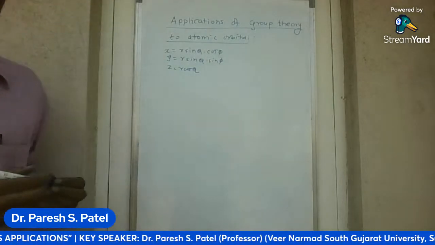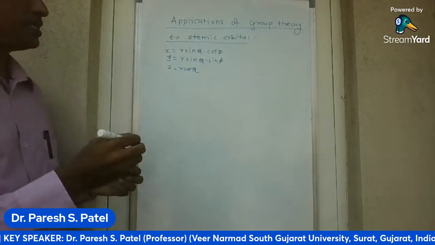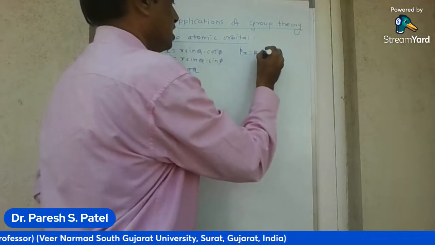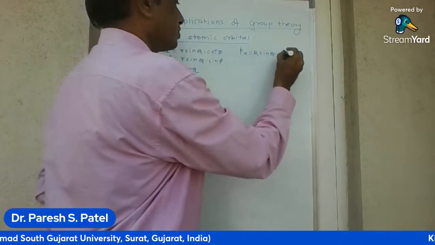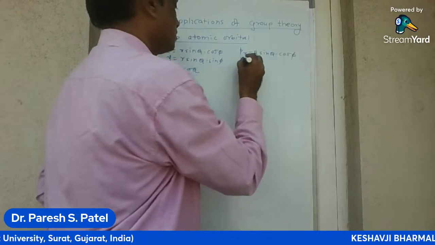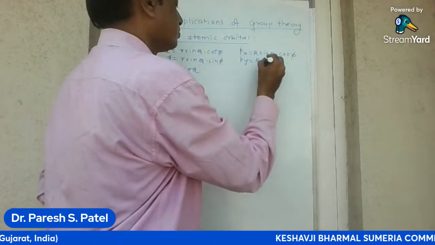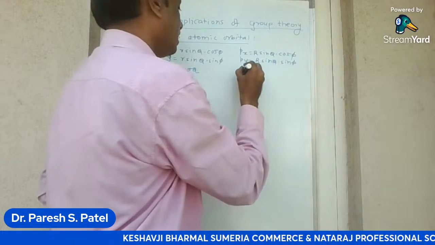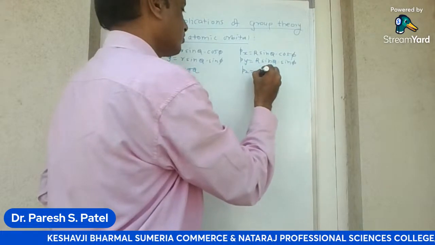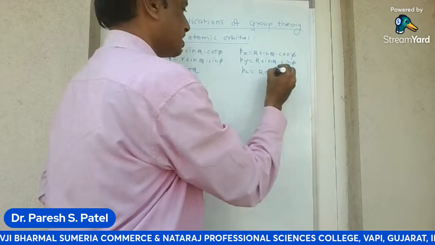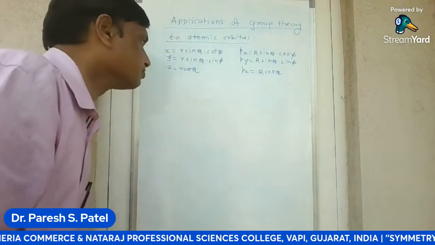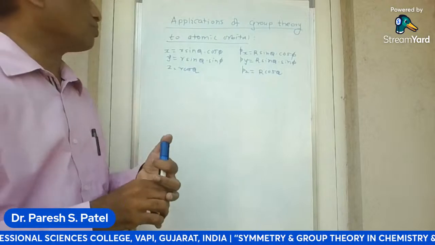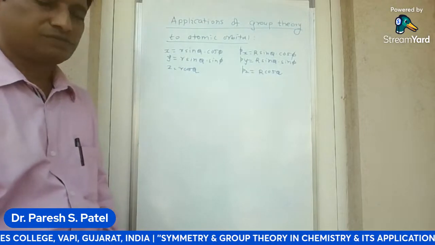So we can represent px as r sine theta cos phi, py is equal to r sine theta sine phi, and pz is equal to r cos theta.